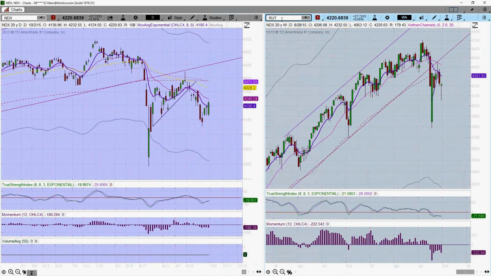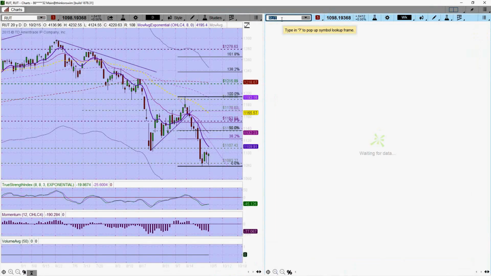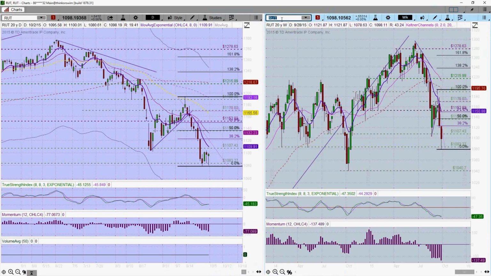Let's see if we switched over to the Russell. I wrote about the Russell last night on the after-hour market update, and as I said, I think the Russell perhaps may have the more significant potential upside, but it has to get back above this level here, which sits at about 1102, and right now it hasn't done that.